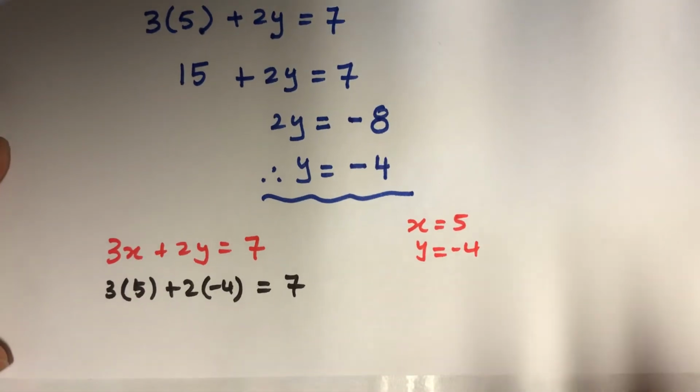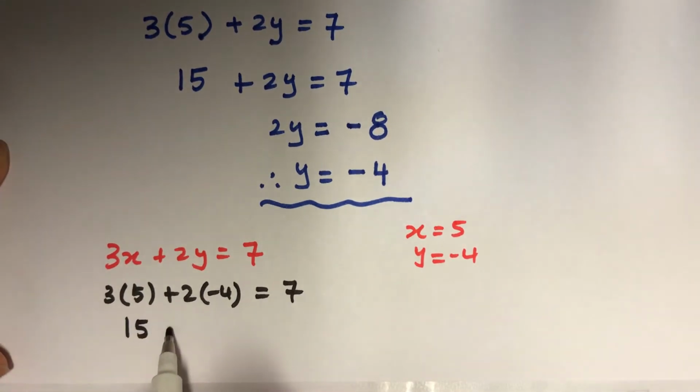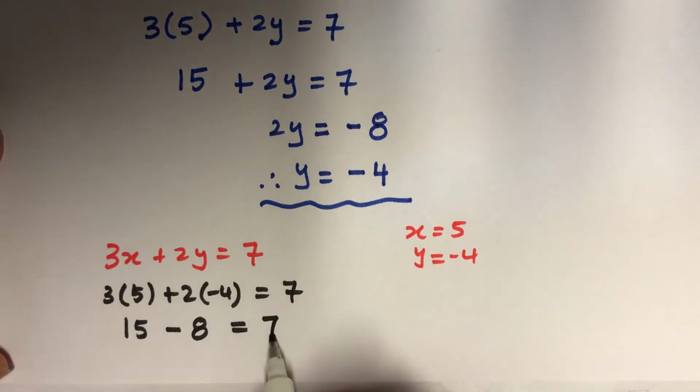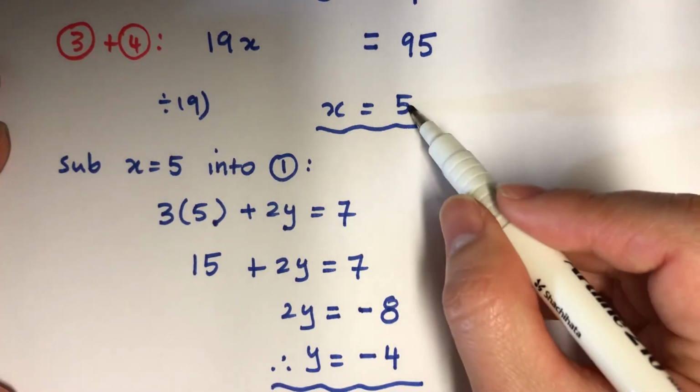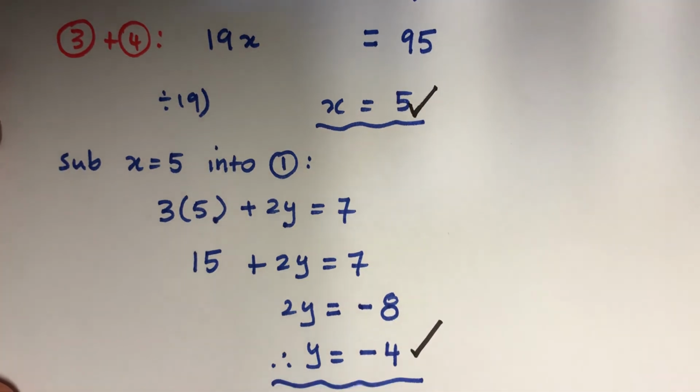So that's 15 minus 8, what's 15 minus 8? That would be 7. So it does make sense. So these are all correct.